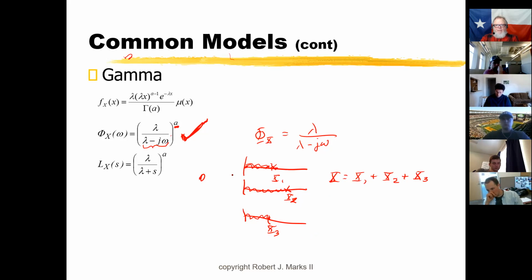Are these random variables independent of each other? Yes. In fact, that's usually the characterization of independent random variables, is that they're outcomes on repeated tests that are independent of each other.